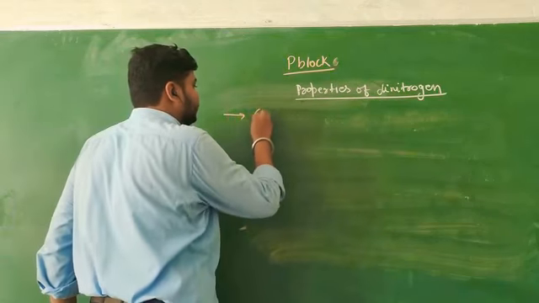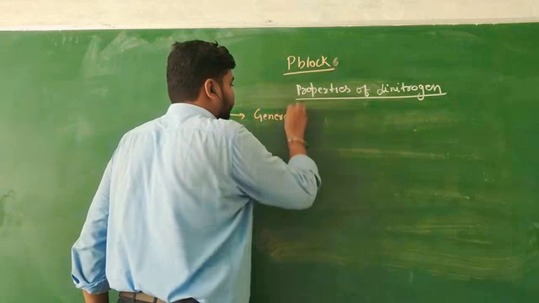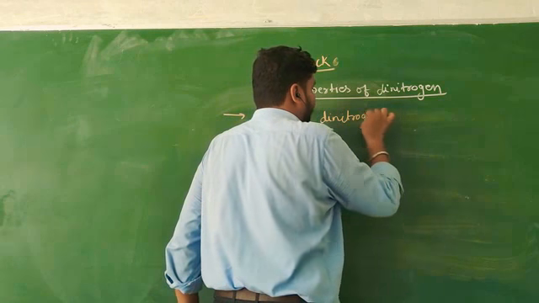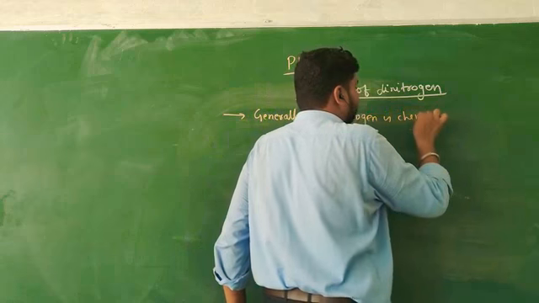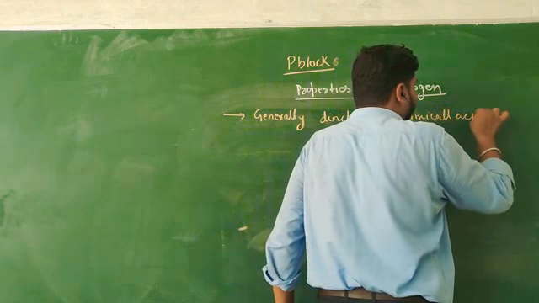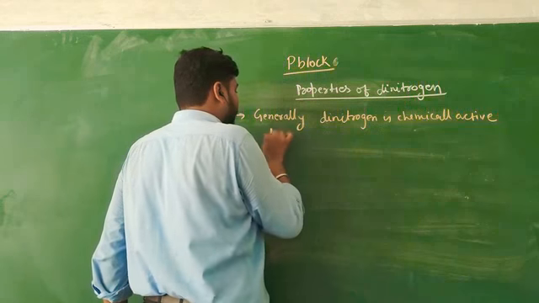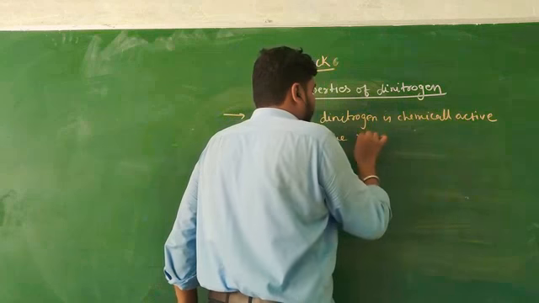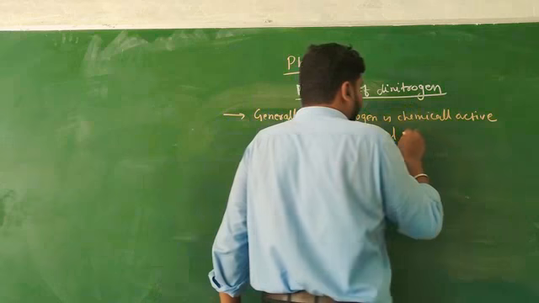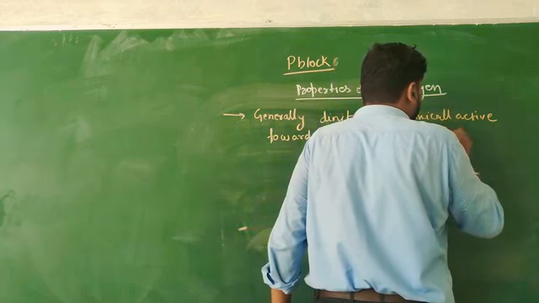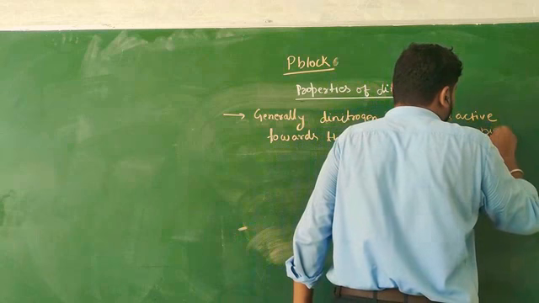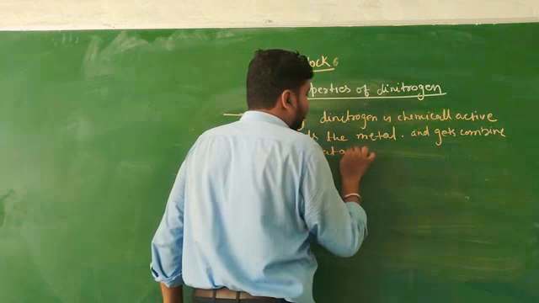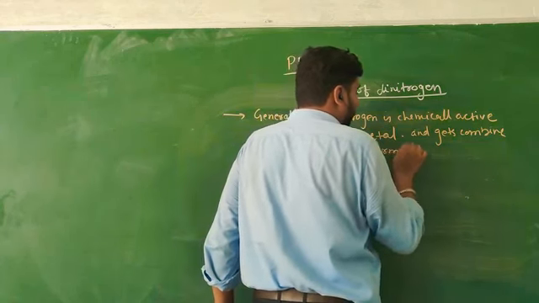Generally we have to write that dinitrogen is chemically active towards the metal and gets combined with that and forms a product.